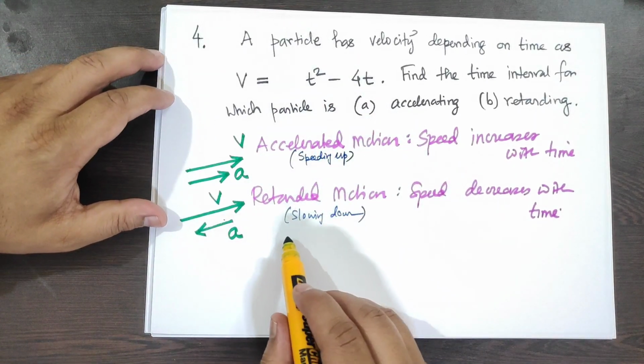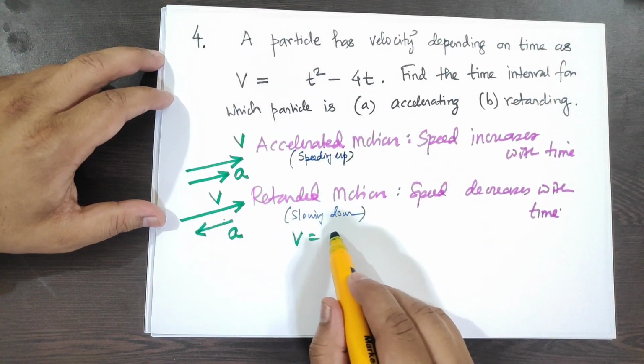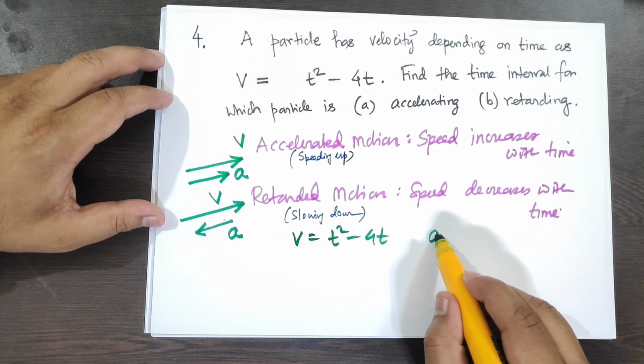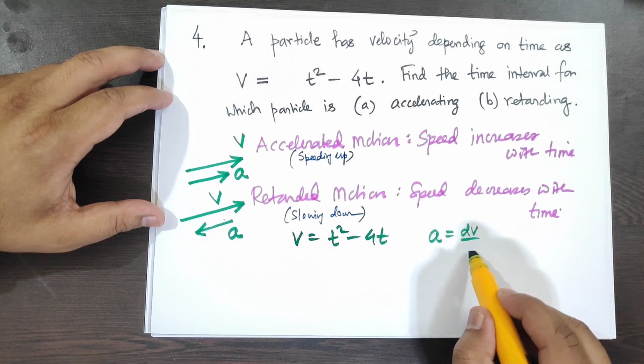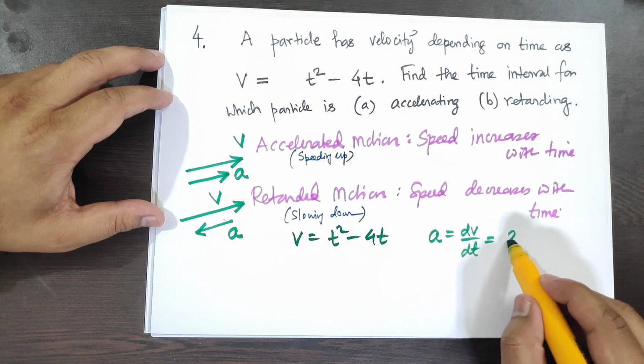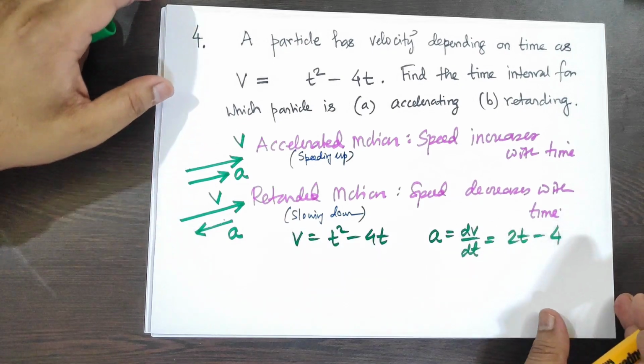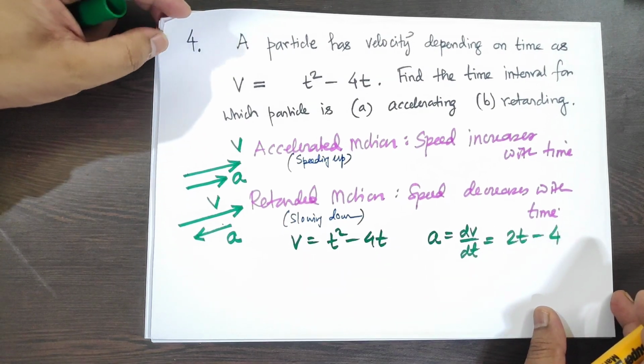So this is the equation V equal to t square minus 4t. Now this acceleration is this, so it's 2t minus 4. Now, so we have to look at the signs of velocity and accelerations.